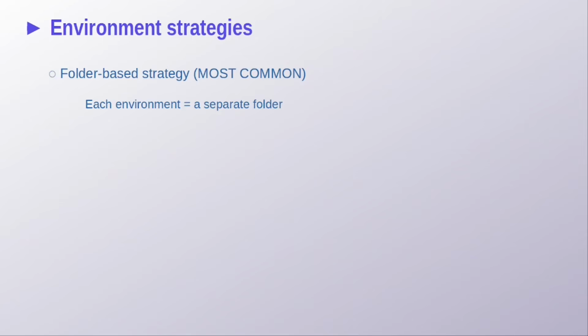Advantages. This approach is popular for a reason. Let's talk about the advantages first. It is very clear and very easy to understand. When you enter the prod folder, you know you are working with production. Second, it is very safe.